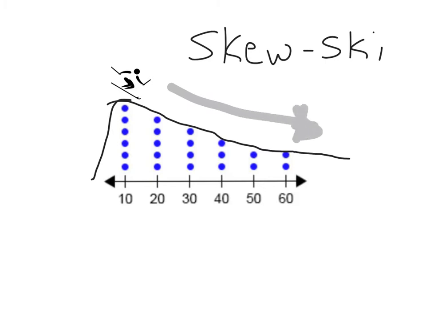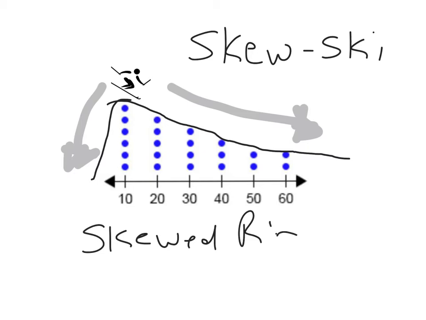Or he could go to his left and go down a very steep slope and probably perish to his death. For those of you that like Coach Novosad, I'm assuming most of you want him to go to the right. Hopefully nobody wants him to go to the left. We call this skewed right. So this is an example of a skewed right dot plot.